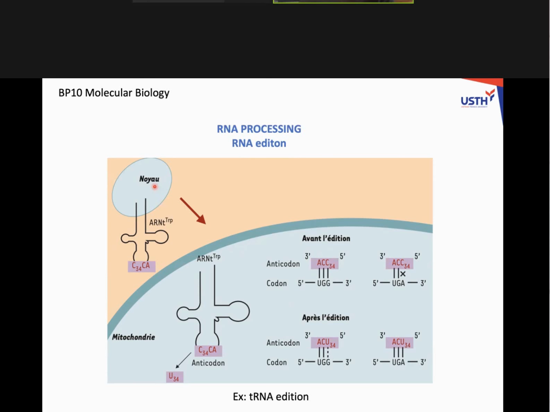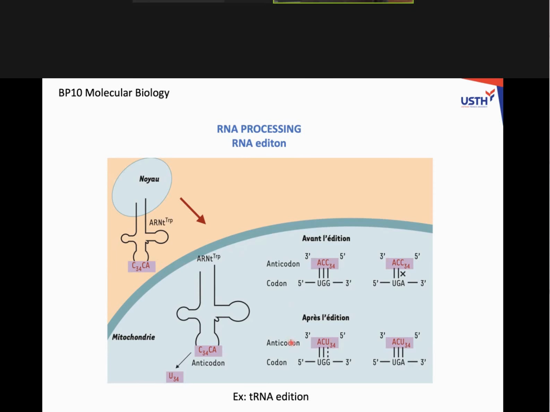So it means that the nucleus produces one variant only of this tRNA tryptophan. But this tRNA tryptophan, when it enters mitochondria, because this is where the reaction happens, the tRNA, which is CCA, can be turned chemically to UCA.